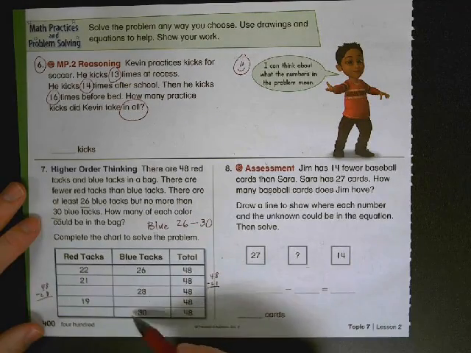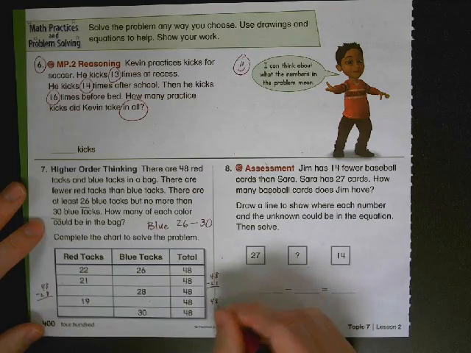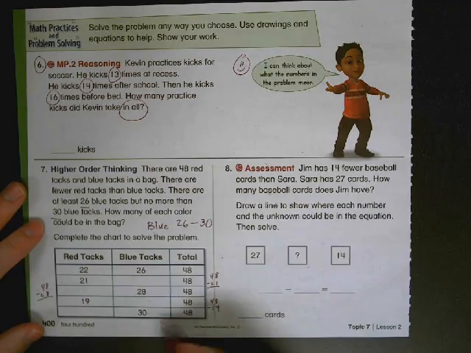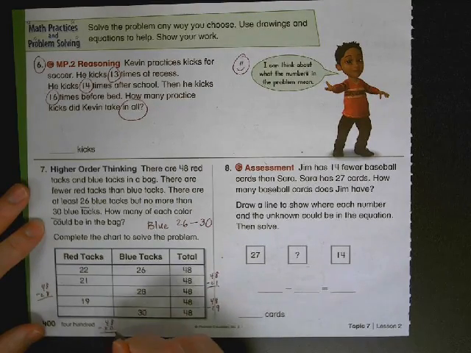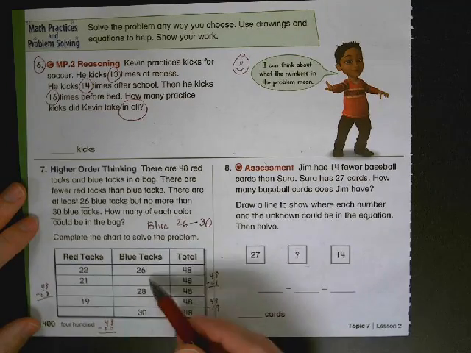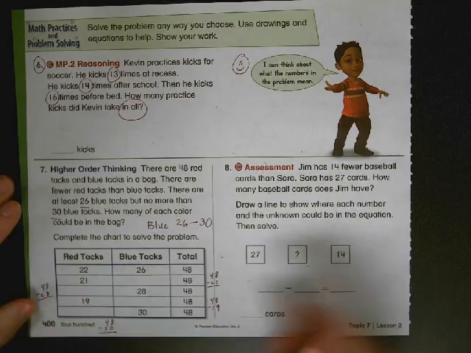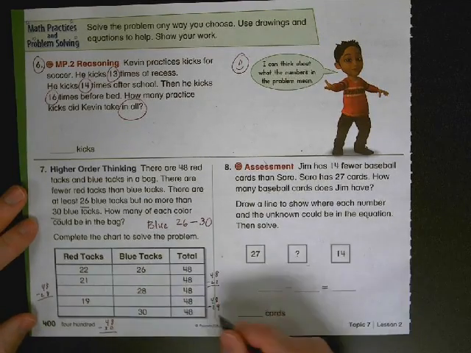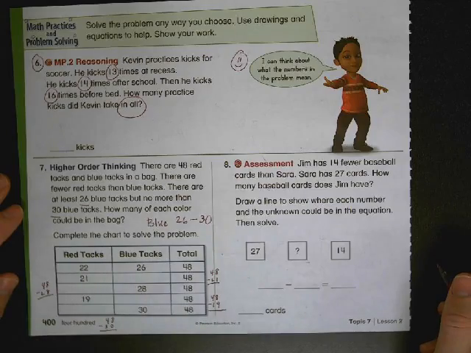Down here, 48 minus 19. And then down here, 48 minus 30. You're just essentially subtracting the total minus how many blue, and then you're going to find the difference for those. You get 4 of those to solve. Some require regrouping, some do not.